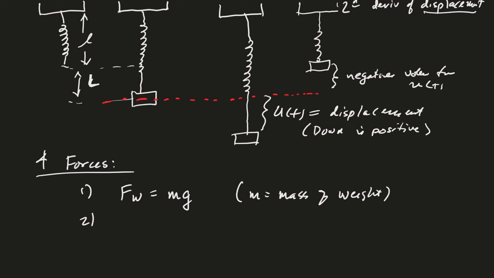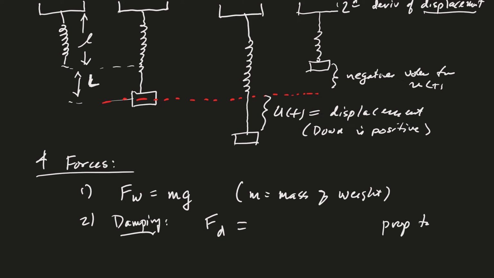Two, the damping force. Damping. The damping force is going to take the place of our air resistance. It's going to be working in the opposite direction of the weight, and our damping, we'll call it F sub D. I want my damping force to be proportional to velocity.